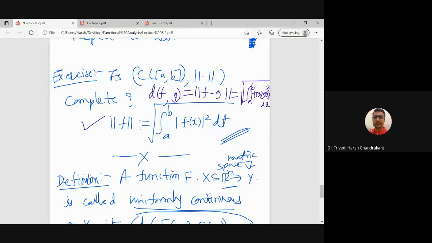You just take a sequence of functions like f_n(x) equals x to the power n, and try to see whether this converges to some function or not with respect to this norm. In fact, you can take the closed interval [a, b] to be [0, 1].